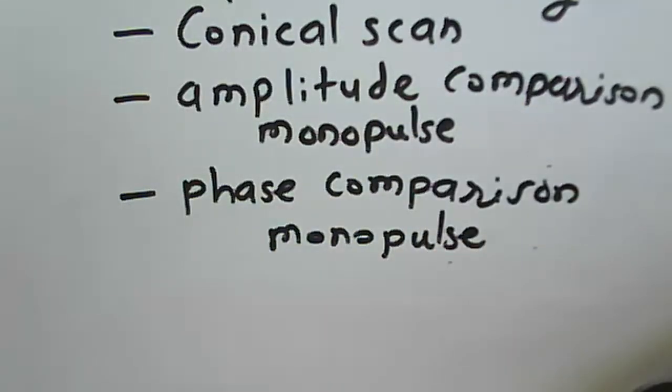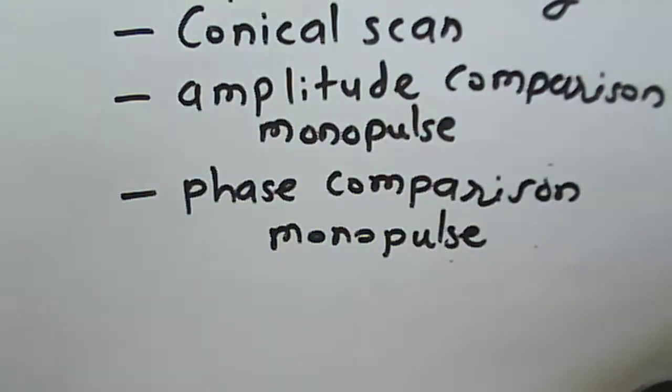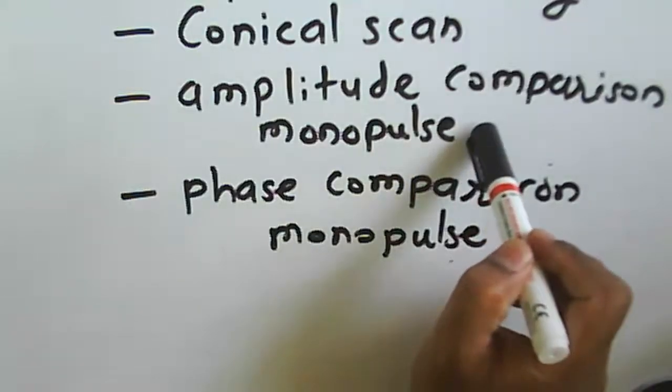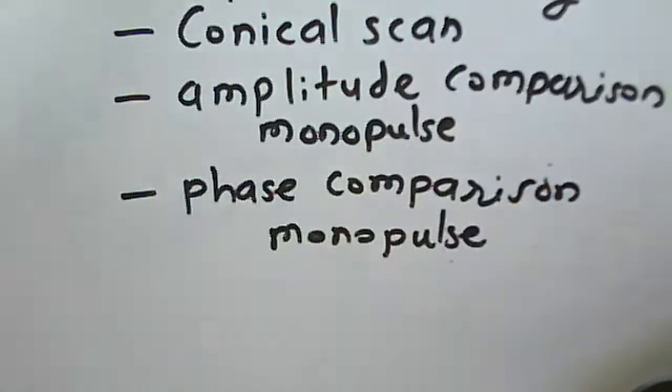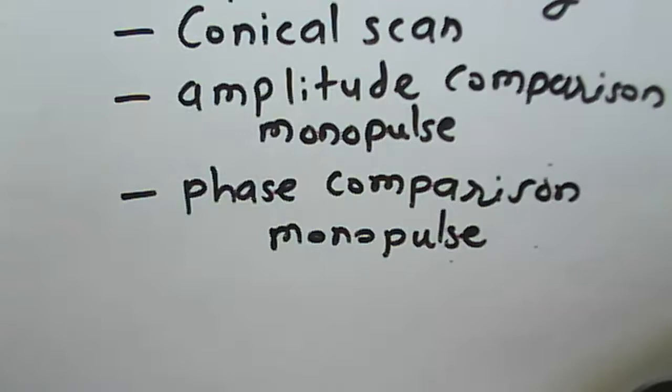When we compare the signal to noise ratio, we need to consider that the antenna used in conical scan as well as in monopulse tracking should have the same size aperture as well as beam width, so that we can compare the signal to noise ratio as well as the focus. In the case of monopulse tracking, it is using an offset focus, not on axis, but in the case of conical scan, an on axis system is there. So the tracking accuracy of the monopulse radar is superior as compared to the conical scan radar.